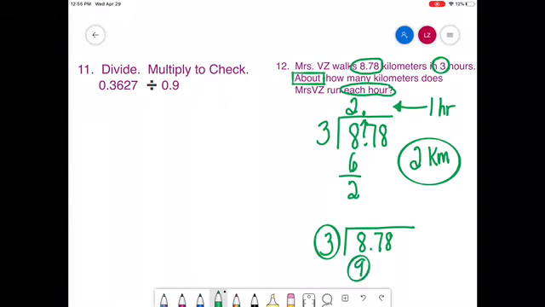And that would be a quick and easy division problem. If you have 9 divided by 3, that equals 3, right? So this answer, if you used compatible numbers, would be 3 kilometers. All right, so if this were the problem on the test, I would take either one of those answers, either by place value or compatible numbers.